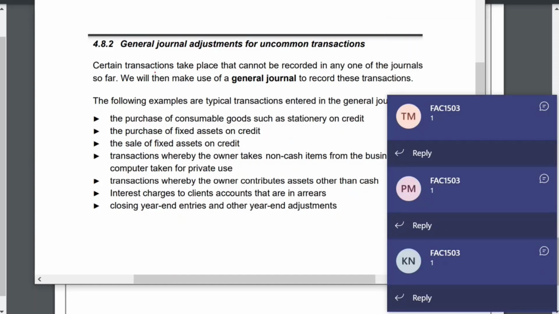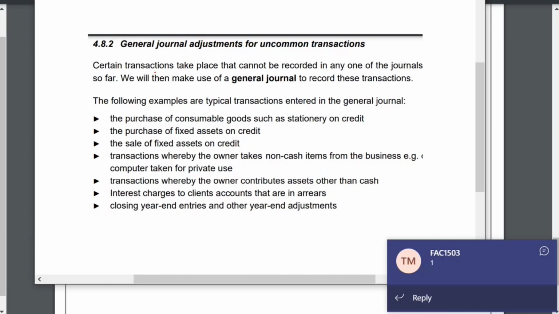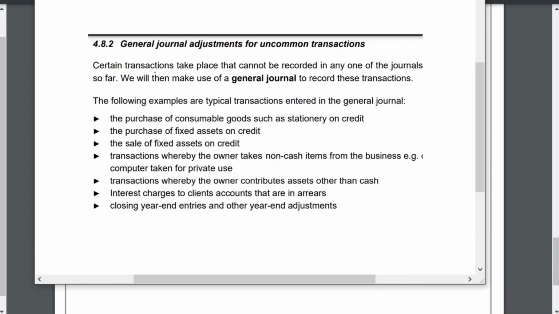Number 5, transactions whereby the owner contributes assets other than cash. Number 6, interest charges to clients' accounts that are in arrears. And the last bullet point is closing year-end entries and other year-end adjustments.